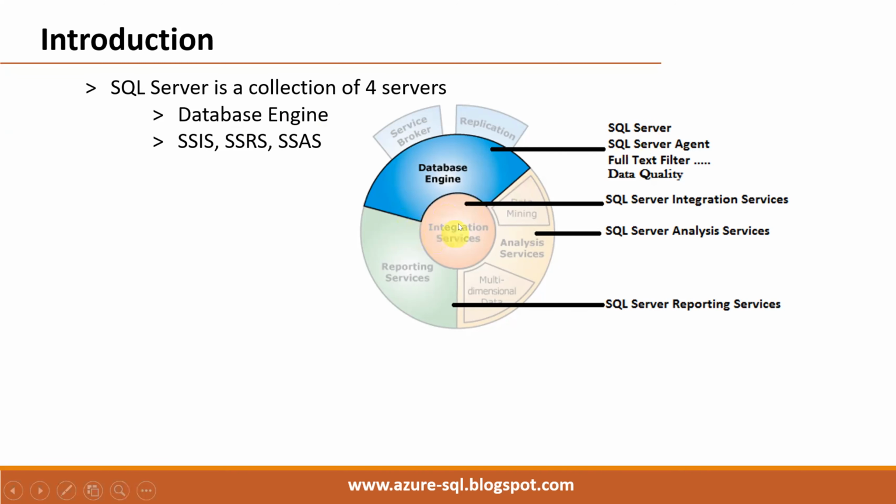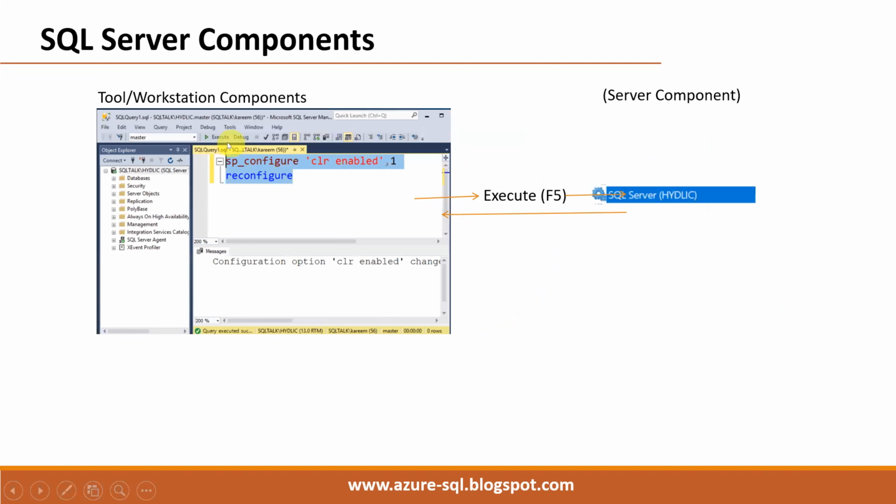Next are integration service, reporting and analysis. Totally 4 servers are there, but our job is to maintain the database engine or database server. We already know SQL Server supports 2 types of components.